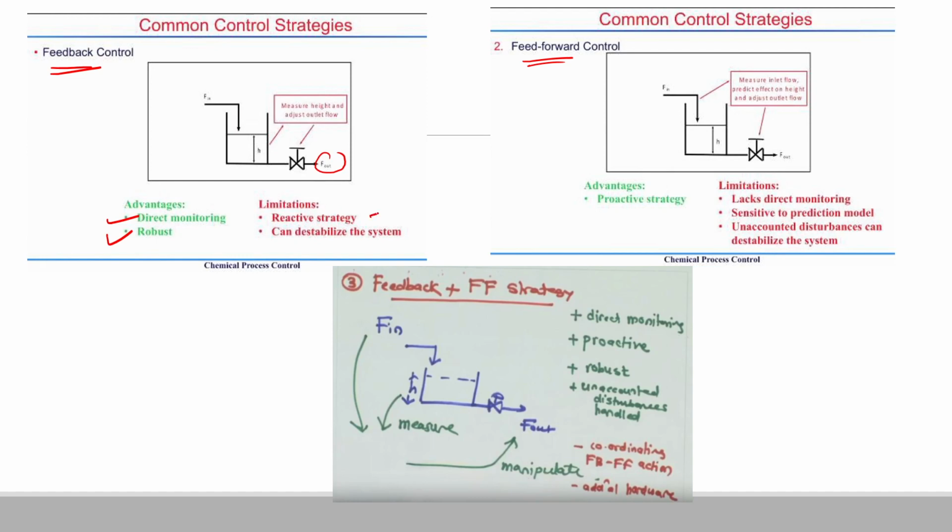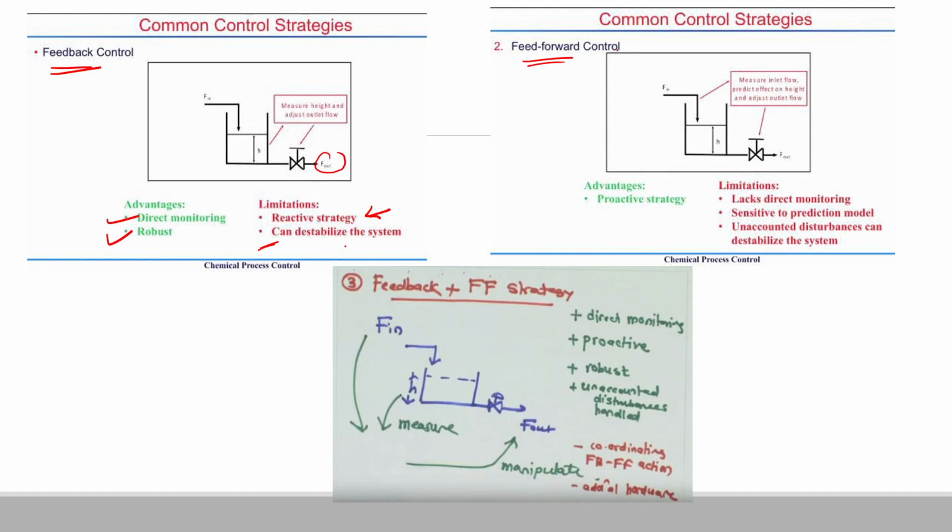That is why we call this a reactive strategy, and that is one of the limitations of feedback control. The control action will only be taken after the effect has been felt on the output variable. In many cases, such control action can destabilize the system. If the deviation variable is very high, then in order to account for this deviation, the control valve opening can destabilize the system.